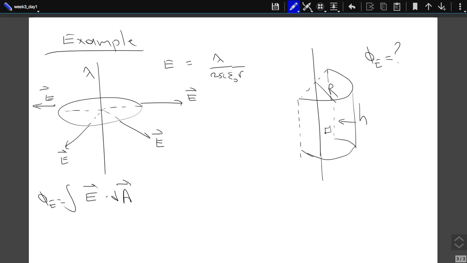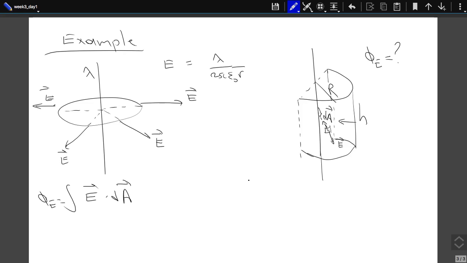Now let's take this area over here. I have this very small area. The area vector is pointing in this direction. This is my dA. The electric field is pointing right in the other direction. They are perpendicular to the surface. If you just elongate this line, it's perpendicular to the wire.